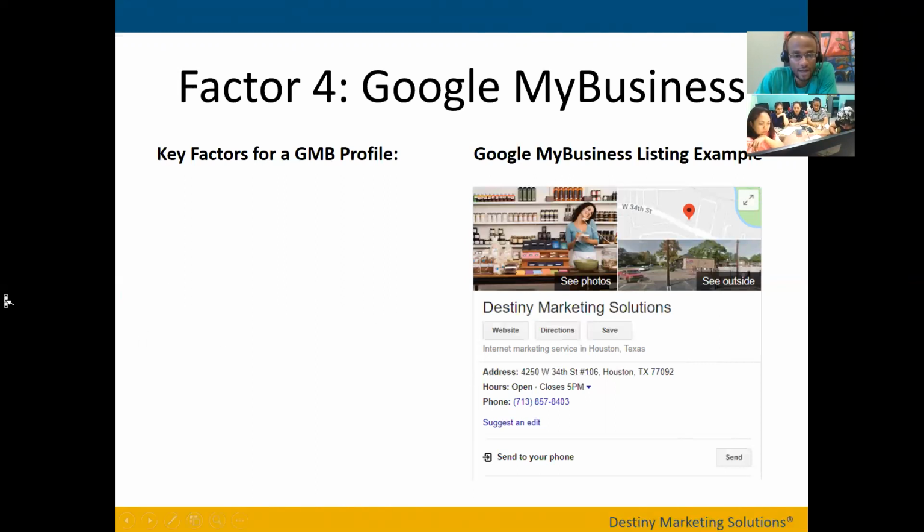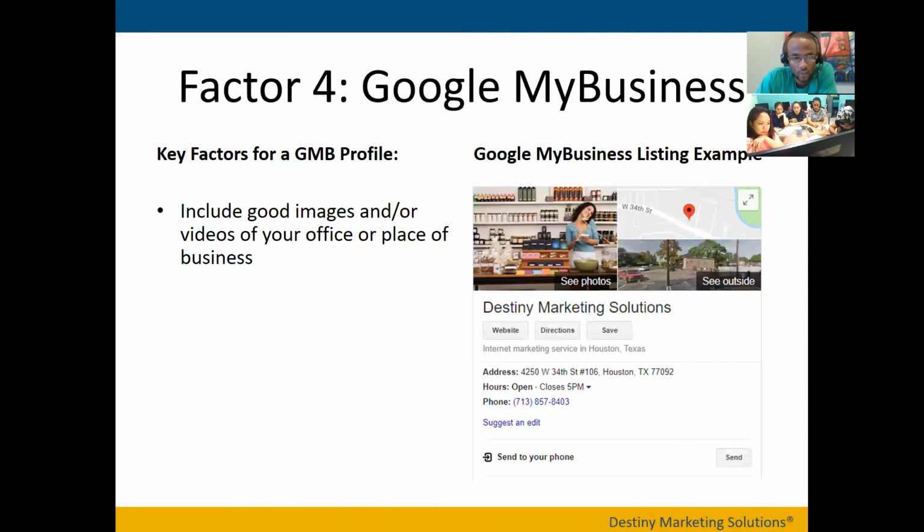Some key factors to remember when optimizing your profile: you want to include good images and or video of your office or place of business. The goal is that if someone has never patronized your business or visited your office, you set the expectation of what it would be like to be in your office and working with your team.